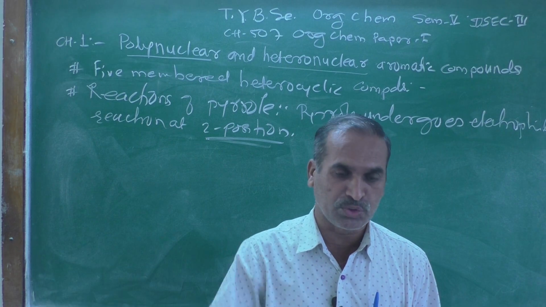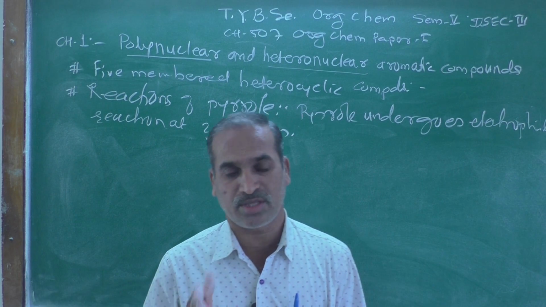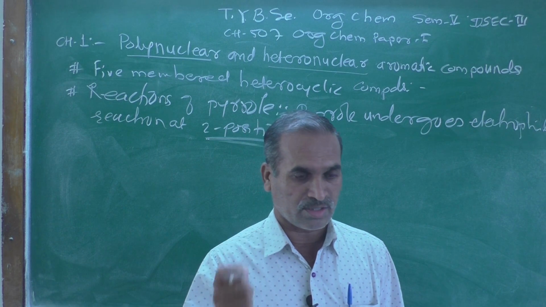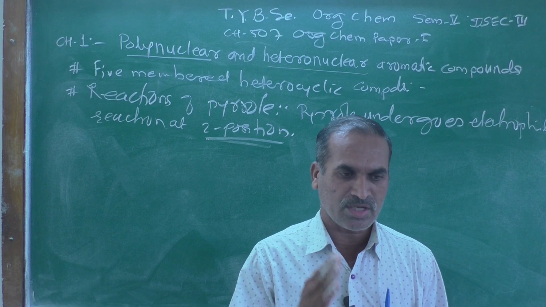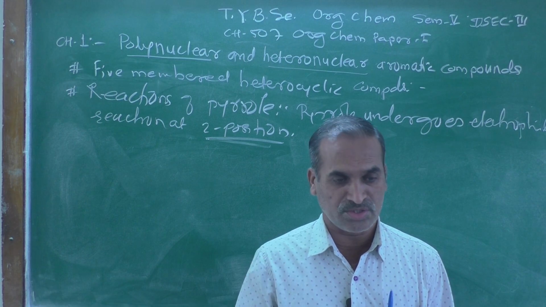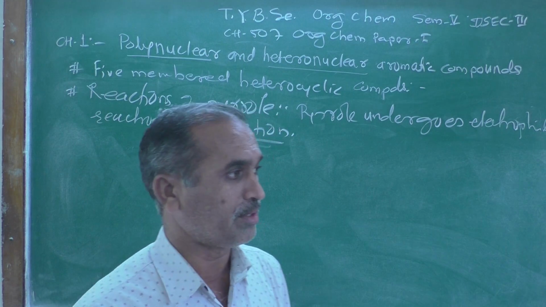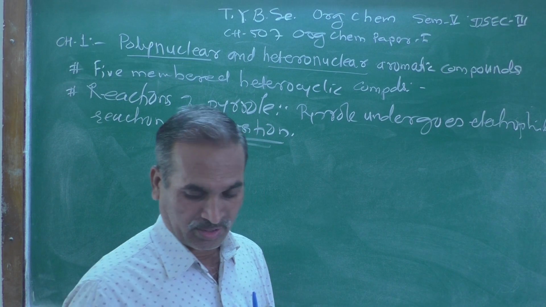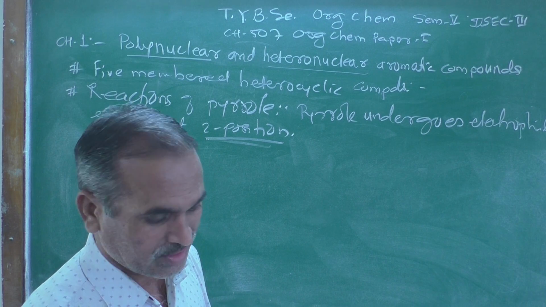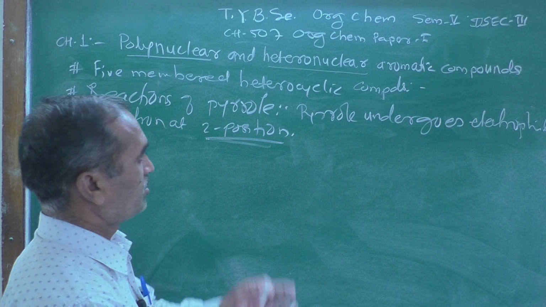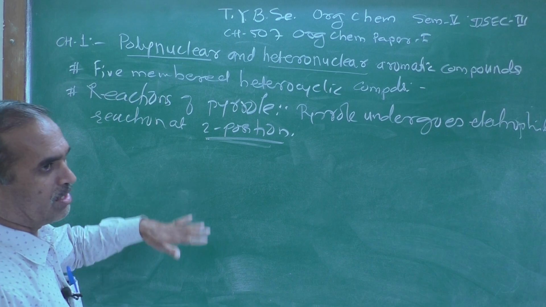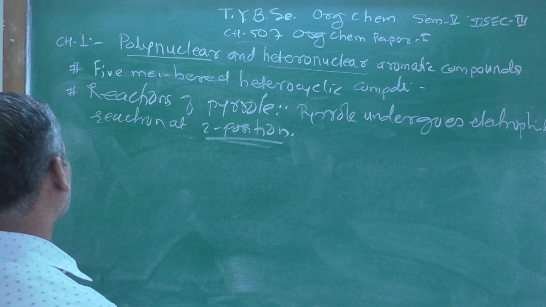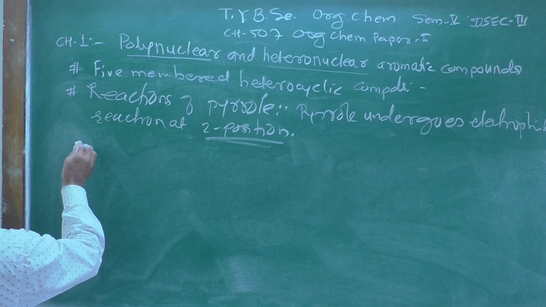In addition to that, there are a lot of reactions, the Vilsmeier-Haack reaction, then Gattermann-Koch reaction, or a Mannich reaction. These can be shown by these 5-membered rings, but as far as T.Y.B.Sc level is concerned, we will see some frequently or commonly occurring heterocyclic compounds that we are discussing over here.